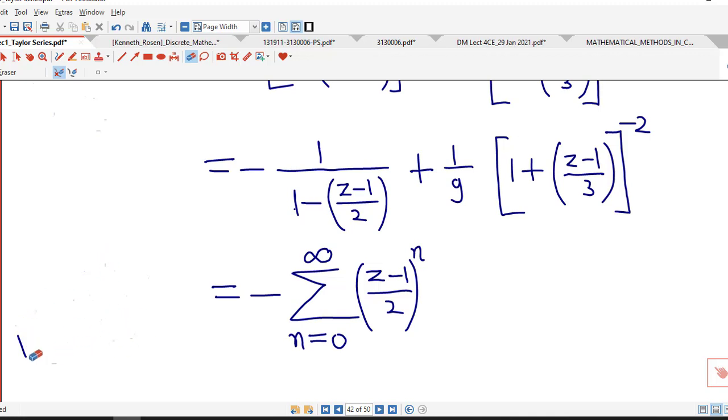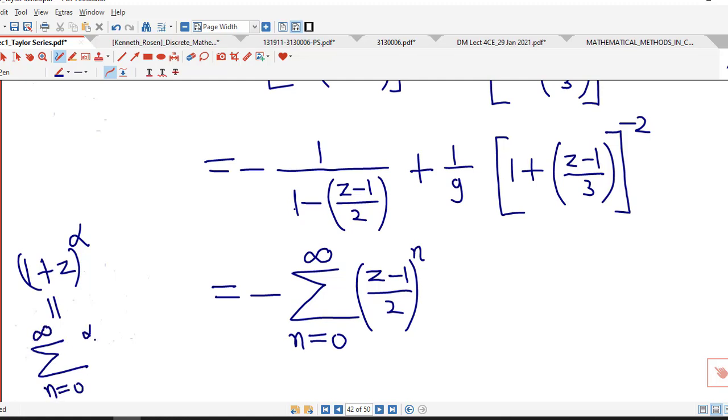And for this second series we will use that binomial expansion which we just proved before this, and as we have shown, it is sigma n equal to 0 to infinity alpha C n times z raised to n. So here if we compare with (1 plus z) raised to alpha, instead of z we have (z minus 1) by 3, and alpha is minus 2.